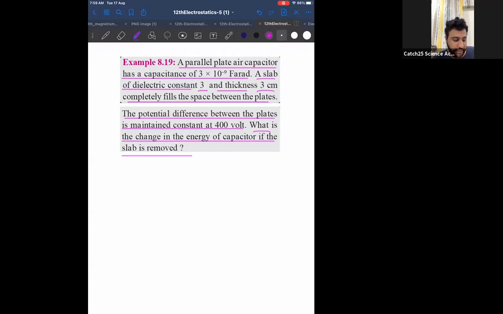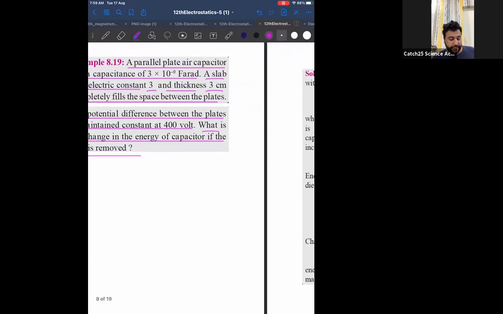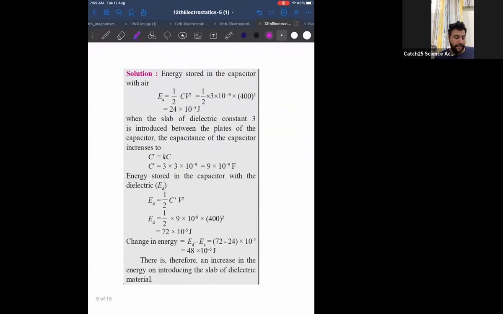Now, the question is, what is the change in energy? Whenever change in energy is asked, it is always some final energy minus initial energy, or first case minus second case, or second case minus first case. That means whenever you are supposed to find change in energy, first you are supposed to find two energies: one is energy in one case, one is energy in the other case.